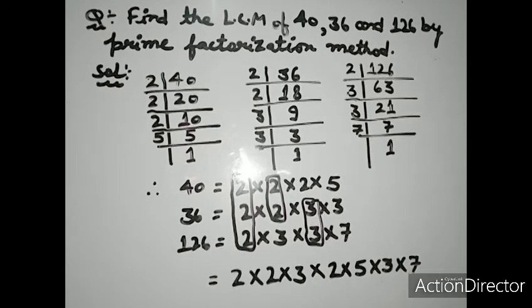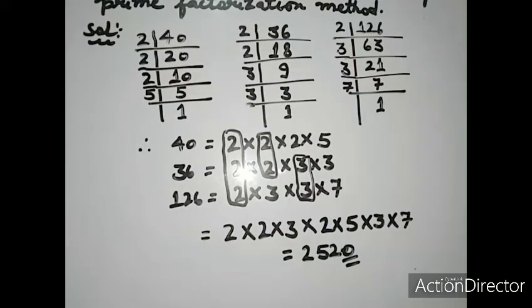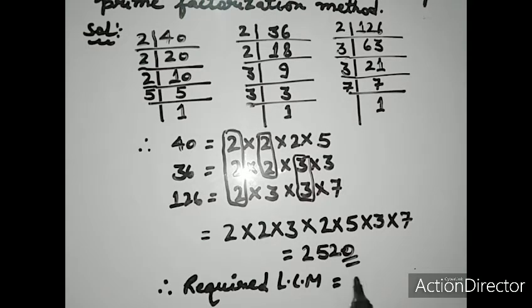Now we multiply all these numbers and we get 2520. So here we say that the required LCM of these three numbers 40, 36 and 126 is equal to 2520.